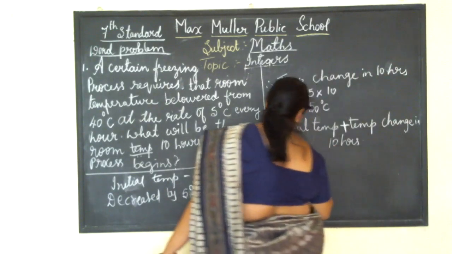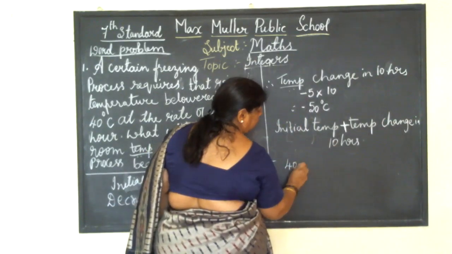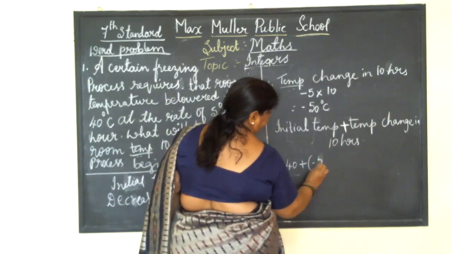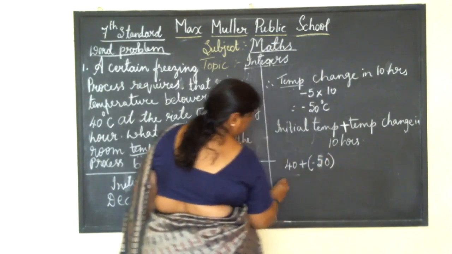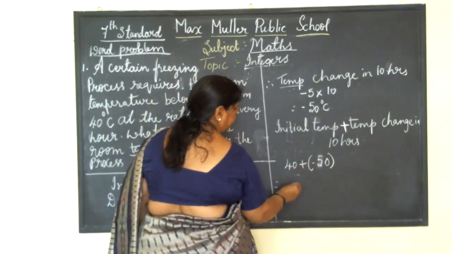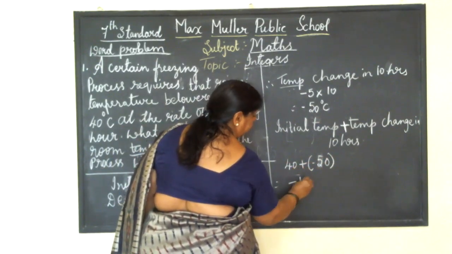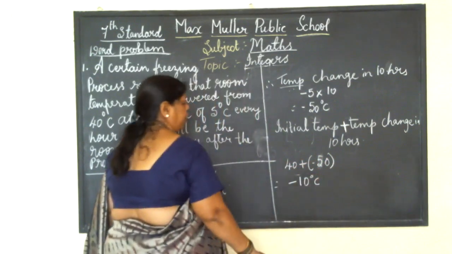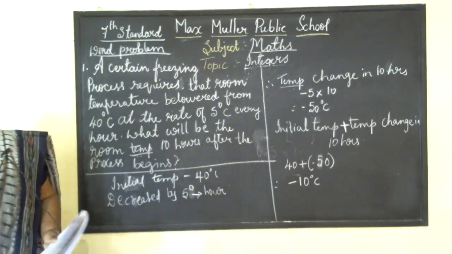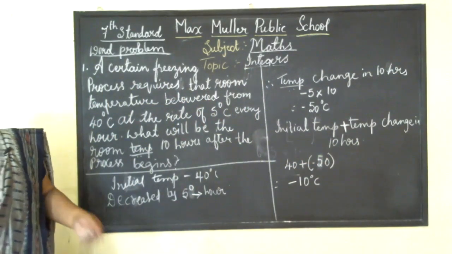That is 40 plus of -50, is equal to plus into minus you will get -10 degree. After 10 hours in a room, you will have -10 degree.